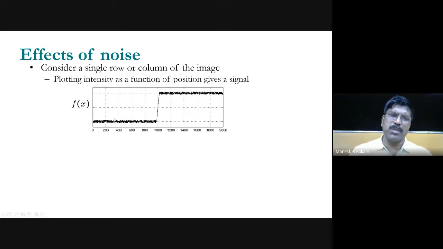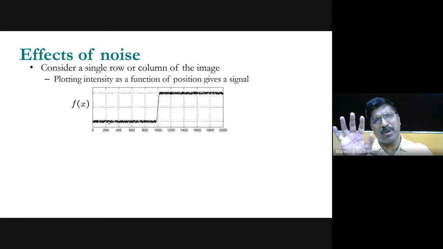Or you might have seen that in the case of an image, this is the black portion and this is the white portion, and if you plot the edge profile, it will look like this. But it is not clearly black, because there is some noise present in the black portion as well as in the white portion, and you get a noisy edge profile in this way.